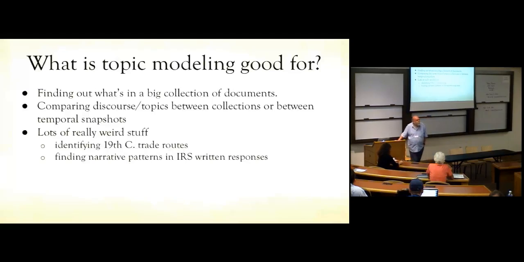There was a guy who got a hold of digitized versions of a bunch of 19th century ship's logs, pulled out all the position information that was in there, all the latitude and longitude plots, said, okay, a document consists of an individual plot, did the topic modeling across a huge number of these, and managed to derive a fairly good map of 19th century trade routes across the Pacific, because he could see where the latitude and longitude information was clustered.